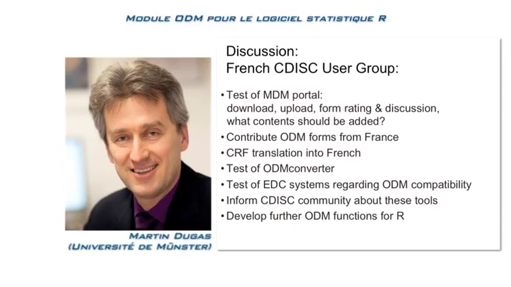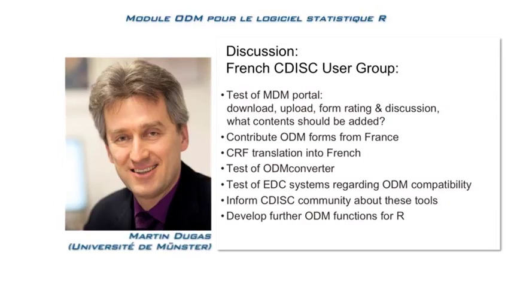An interesting question to us is, what content should be added? We have around 5,000 forms, and this is just the tip of the iceberg. So medicine is so rich, so semantically so rich, we probably could have 100,000 forms. But the key question is, what content is relevant to the user of this portal?